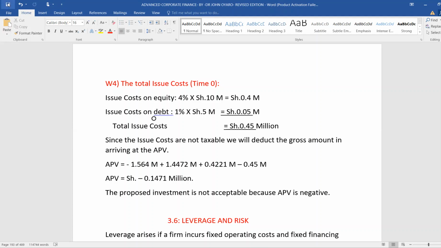Is the adjusted present value minus 0.1471?